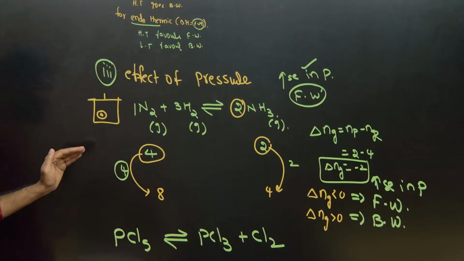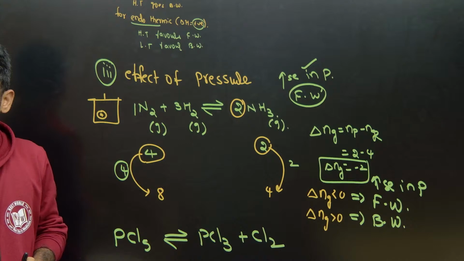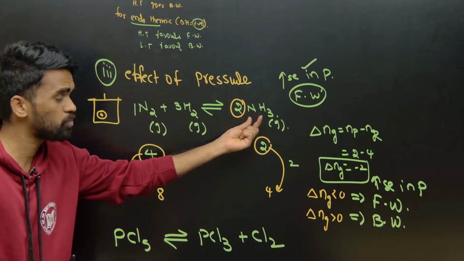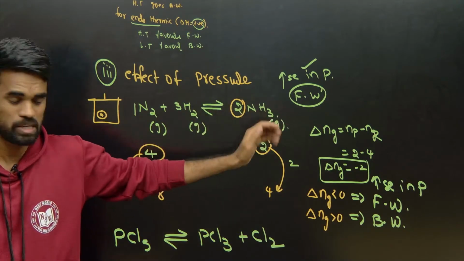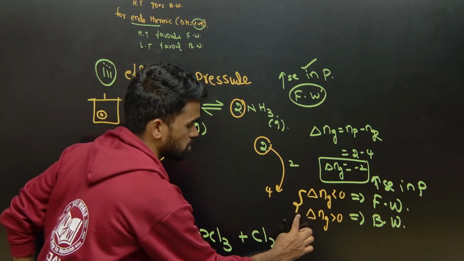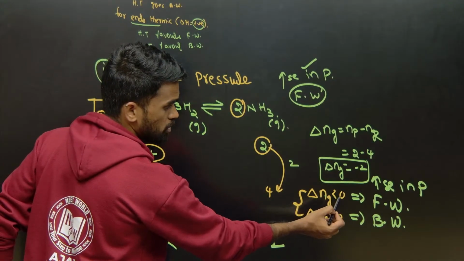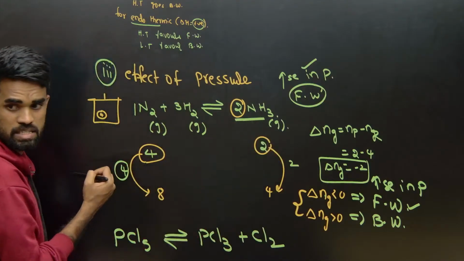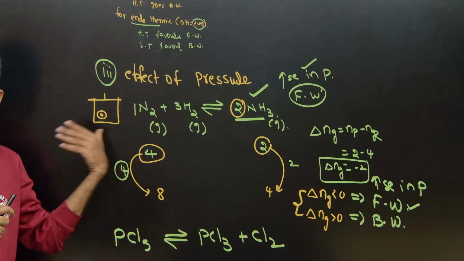So tell me, what is the favorable condition for production of ammonia? Low pressure or high pressure? High pressure. Why high pressure? The lesser number of moles is on the product side, so that will be favored by increase in pressure. If you are getting confused, just remember these two things. If delta Ng is less than 0, increase in pressure favors forward, and decrease in pressure favors backward.